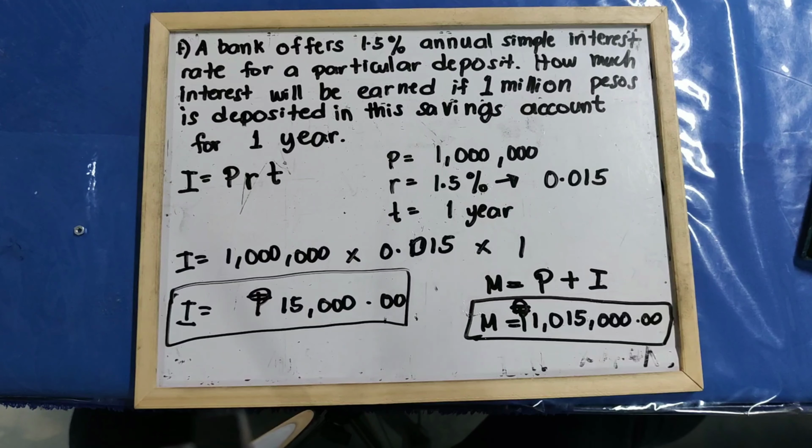So let me emphasize, class, the formula in solving the maturity value is principal plus interest. We have 3 other variations of this formula used to find P, R, and T. Again, the formula in getting the interest is principal times rate times time.